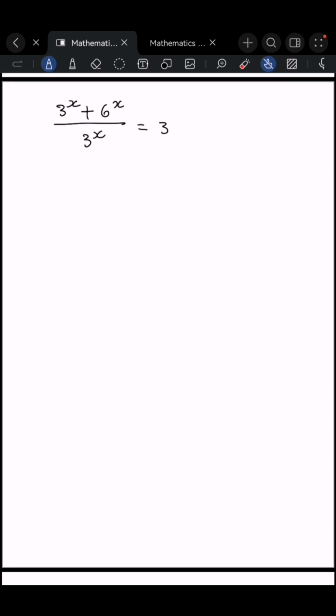Okay. 3 to the x plus 6 to the x divided by 3 to the x is equal to 3. What we have here is 3 to the x plus 3 to the x times 2 to the x, all divided by 3 to the x is equal to 3.